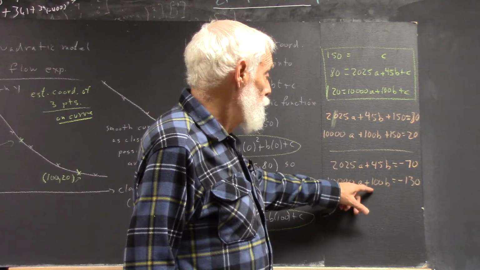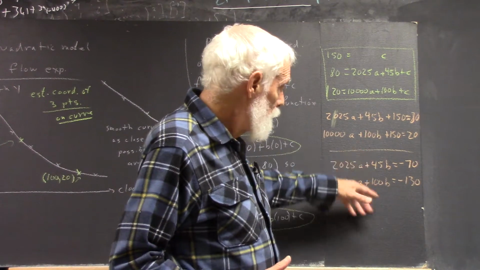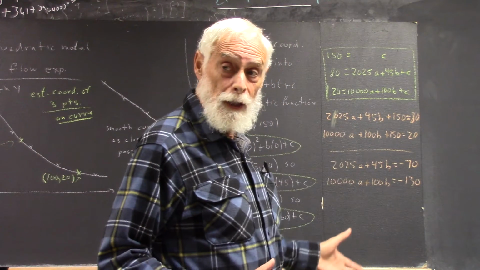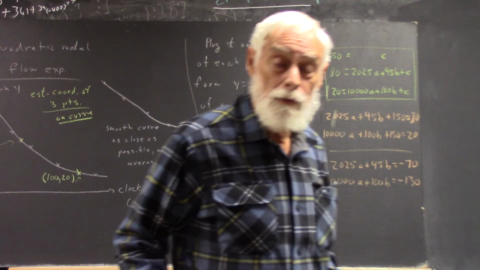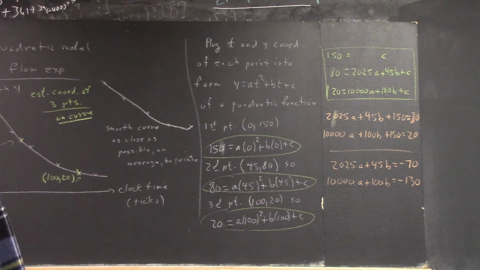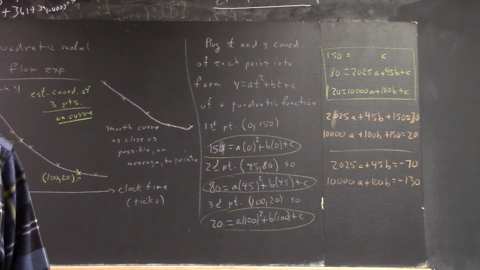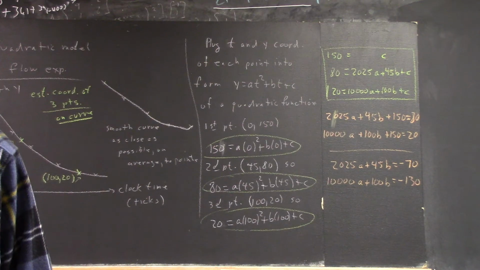If I multiply this one by 9 and this one by negative 20, then the B coefficients are going to be equal and opposite. And when I add the equations, I just get A. So I'll give you a little direction on that when I post the assignment. Okay? But that's what you're going to do.